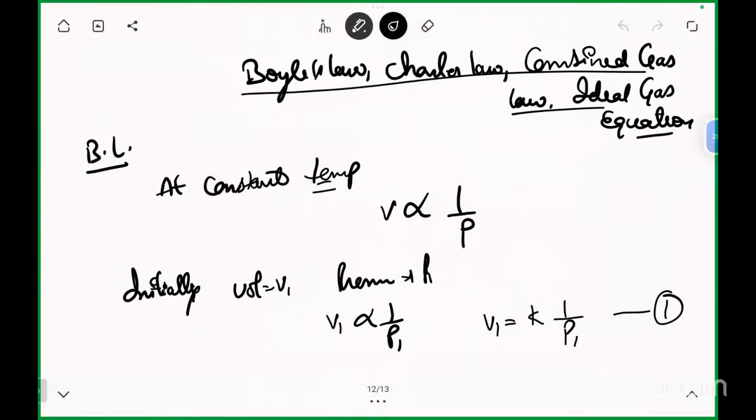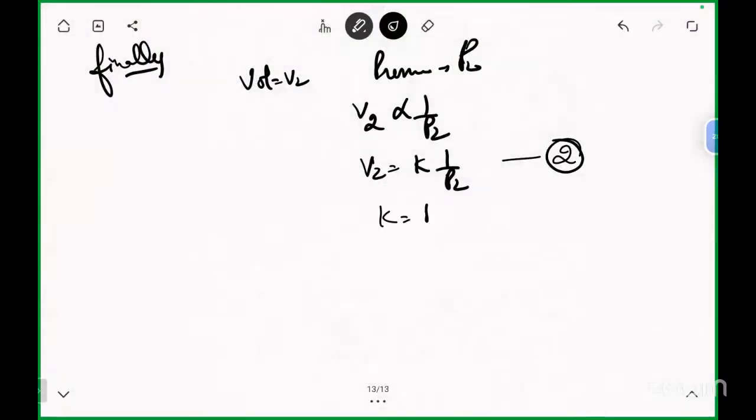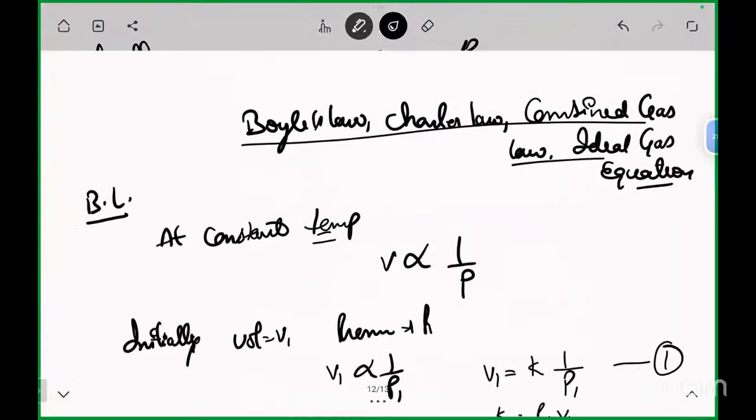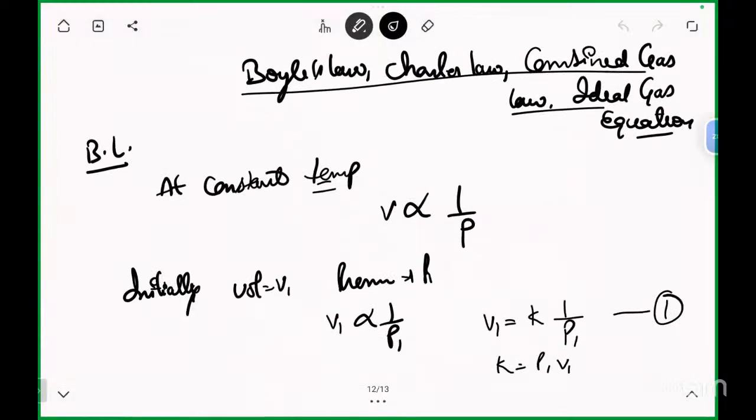This value of K is the same. The left hand side is the same, so we can say P1V1 is equal to P2V2.